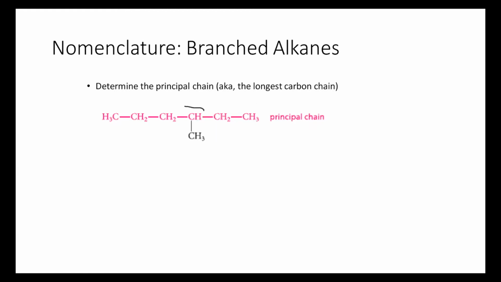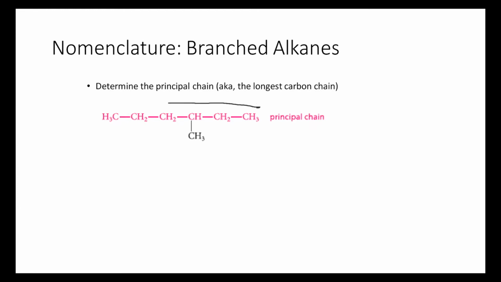Another possibility can be right here. Again, by chain, no branches, so you can follow it through with a line like this. This one has 1, 2, 3, 4, 5 carbons, so it's longer than the one we looked at previously. This is the best choice right now.